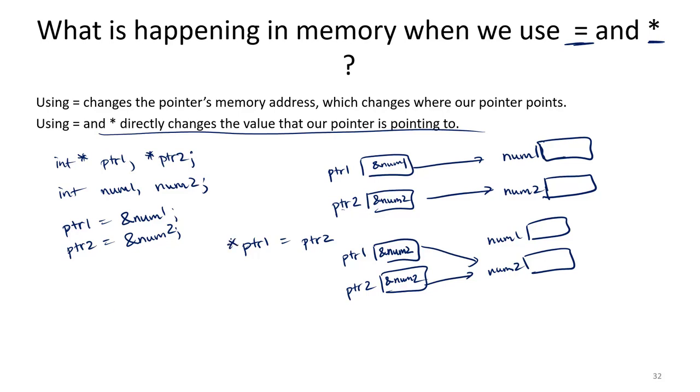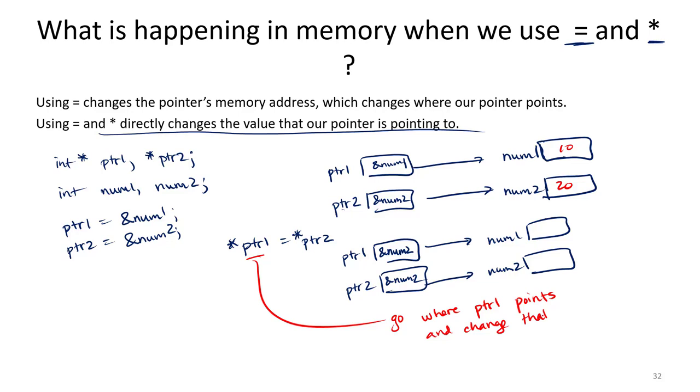Instead, if I say asterisk ptr1 equals asterisk ptr2, if we assign some values, basically what that means is go where ptr1 points and change that data to hold the same thing as the data which ptr2 points at.